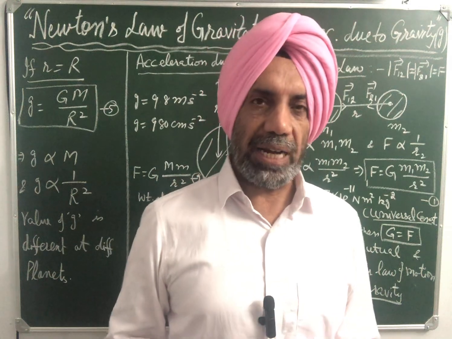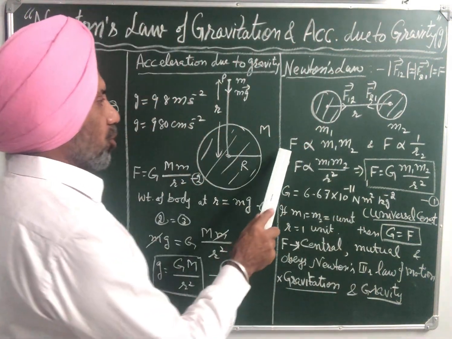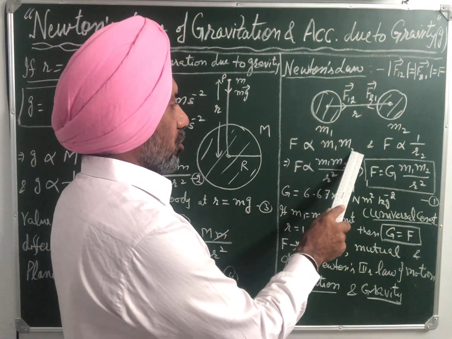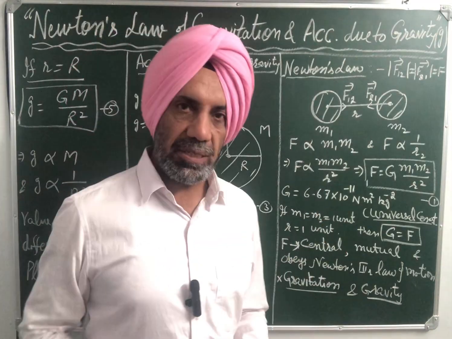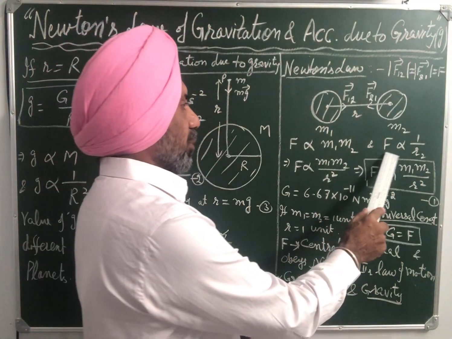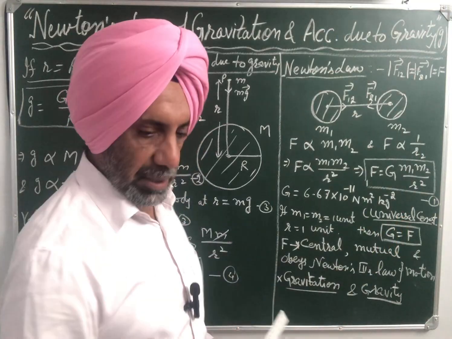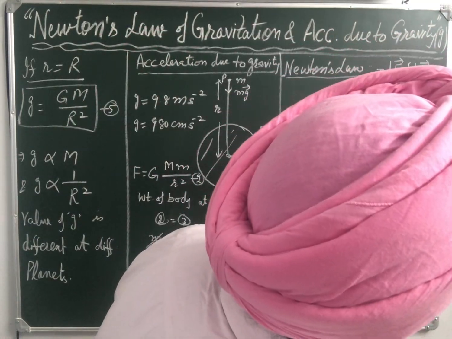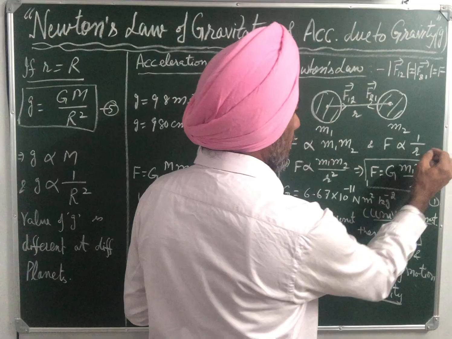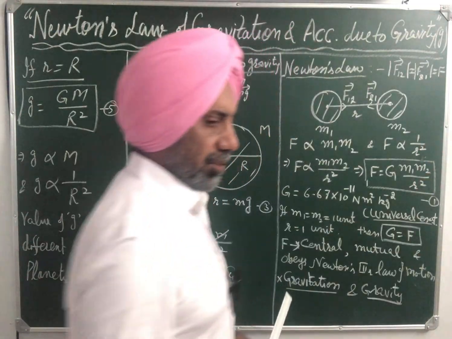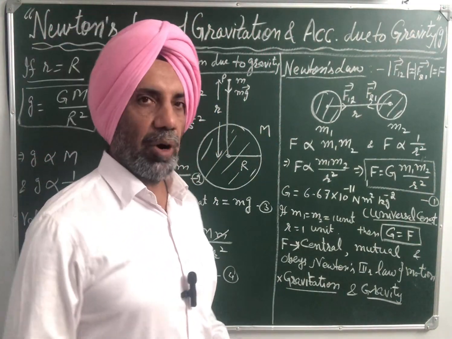And this force of attraction is found to be directly proportional to the product of the masses of the two bodies and inversely proportional to the square of the distance between the two bodies.